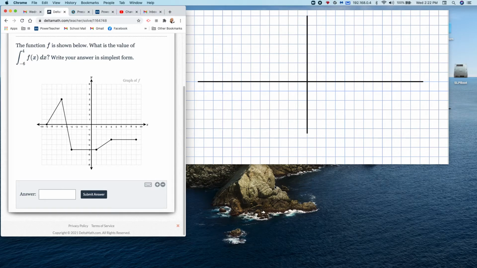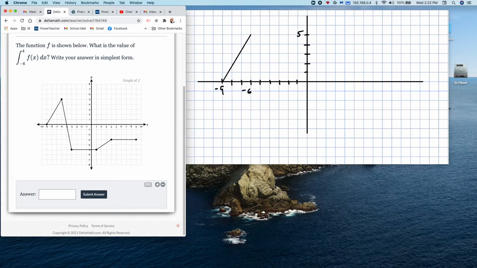Okay, so negative 9. 1, 2, 3, 4, 5, 6, 7, 8, 9. So here's negative 9. And it looks like we go up to 5. So 1, 2, 3, 4, 5. So we'll make sure that we go up to 5. That's negative 6, so it goes up to here.